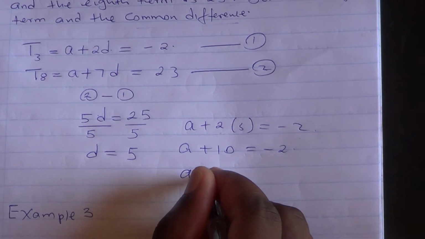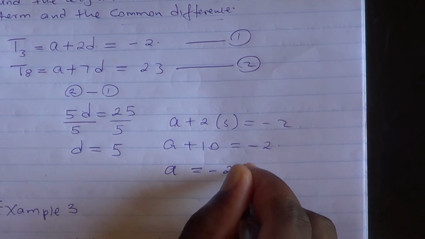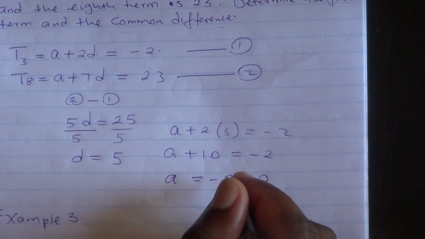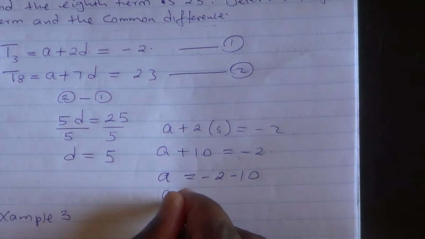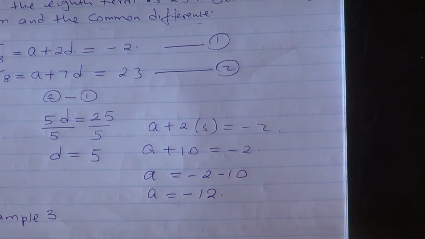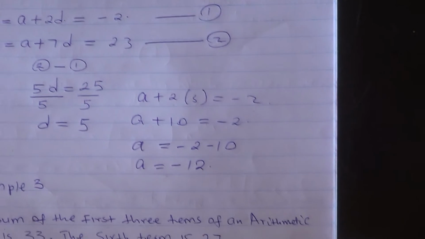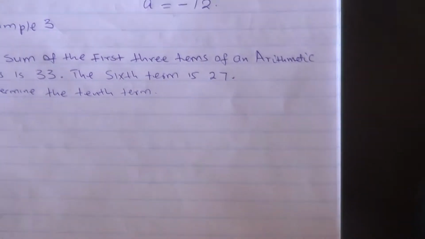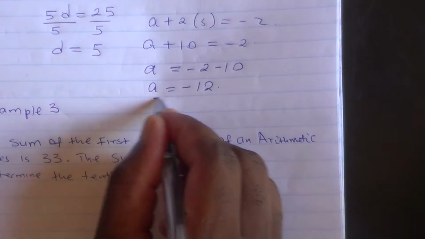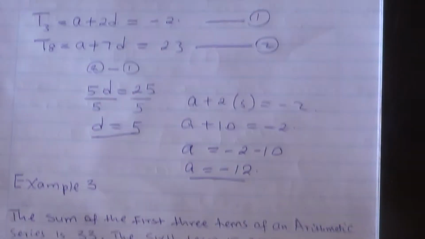We're going to have a is equal to minus 2 minus 10, where the value of a is minus 12. So this is the common difference and also the first term. These are the answers for example number 2.